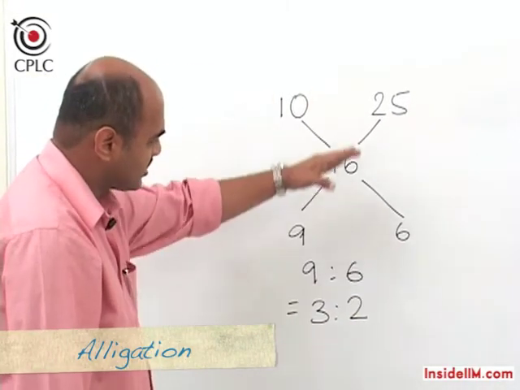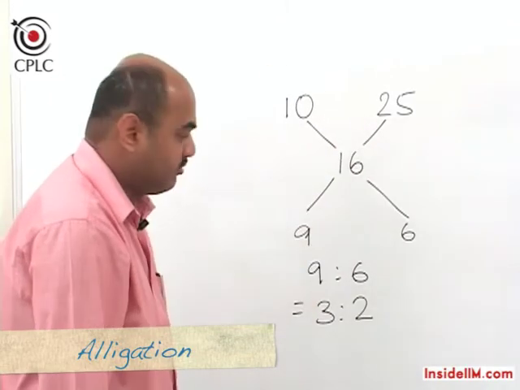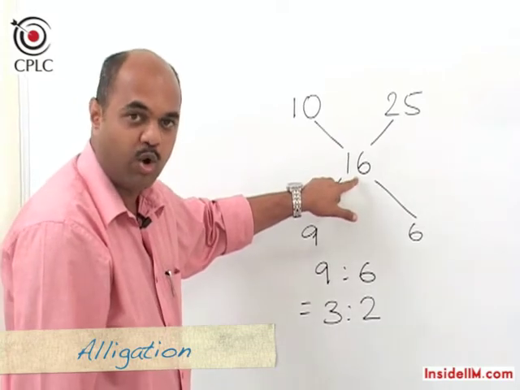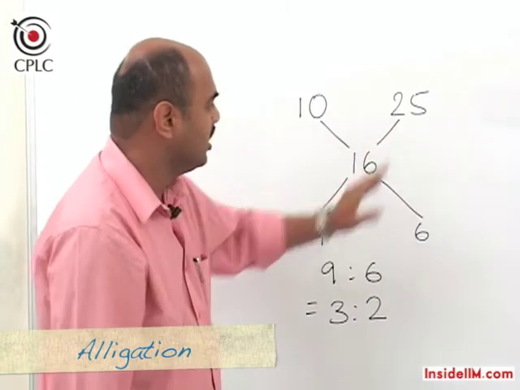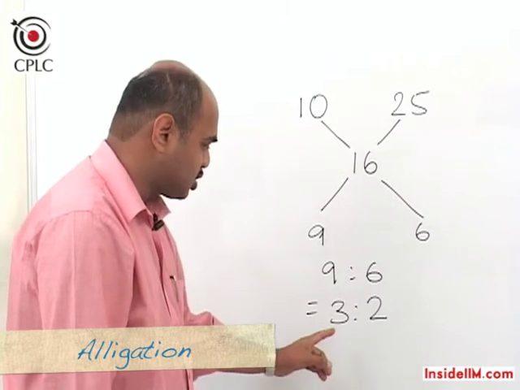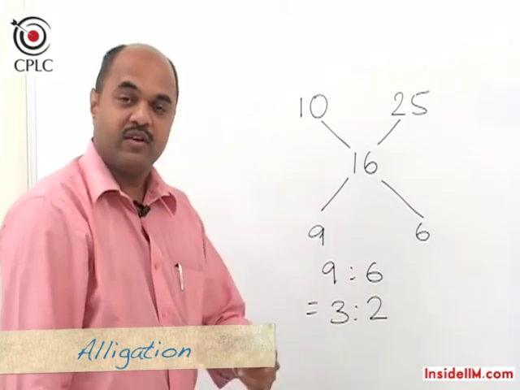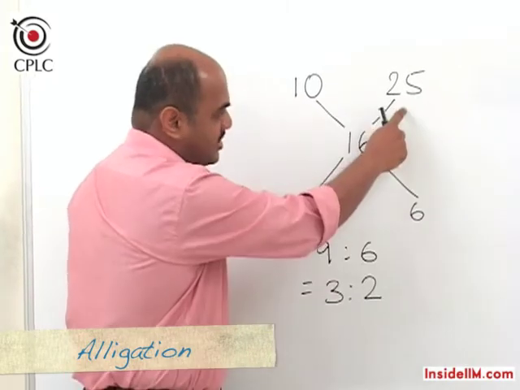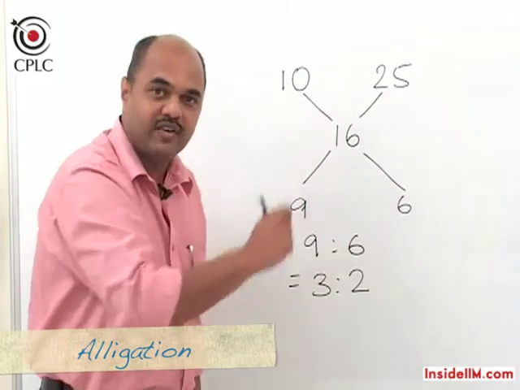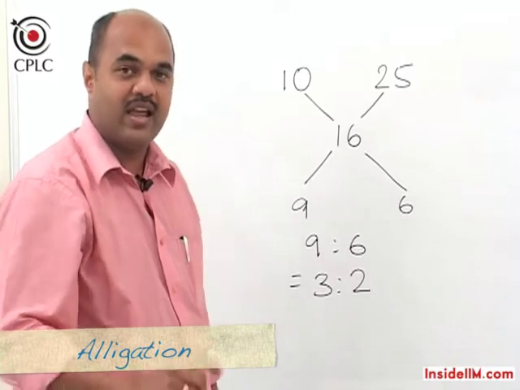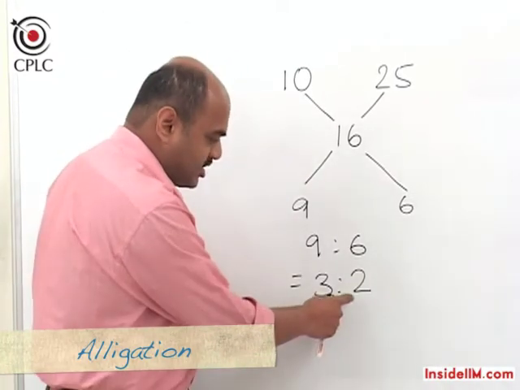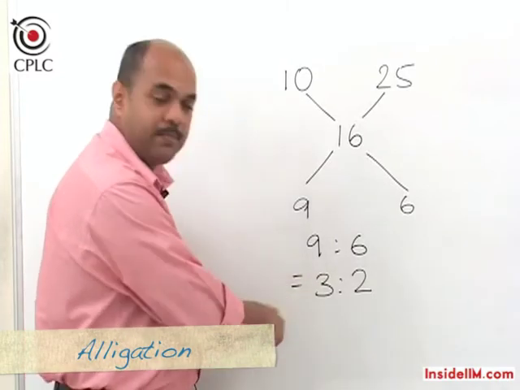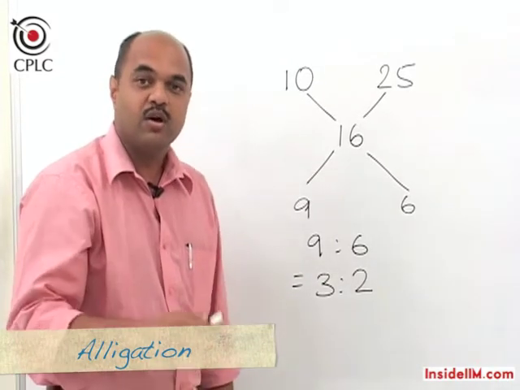And hence, using the same concept of alligation, we would find out that if we want a 16% return on average through these two, then the ratio of investment should be 3:2. Further application would be if you are told that this investment of 25% return is actually 1 lakh rupees, then we would say these 2 parts correspond to 1 lakh, and hence these 3 parts need to correspond to 1.5 lakh.